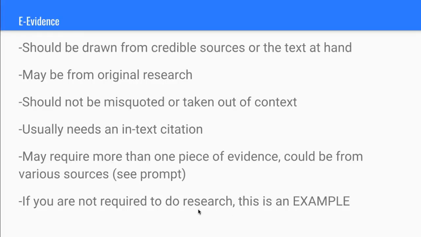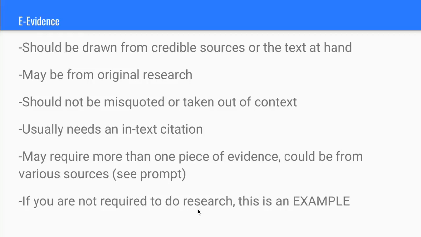But then that's never enough, because you want your audience to know how your brain arrived at that P, that conclusion, that point. So your evidence should be drawn from credible sources or from the text you're being asked to analyze. It might be from original research. Maybe it's your own conclusion after looking at a body of data or observing the world. You shouldn't misquote your source or take it out of context, because that's kind of dishonest.